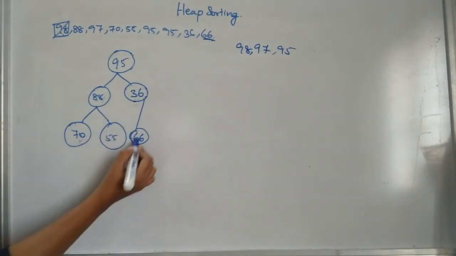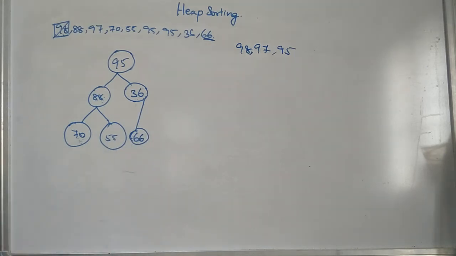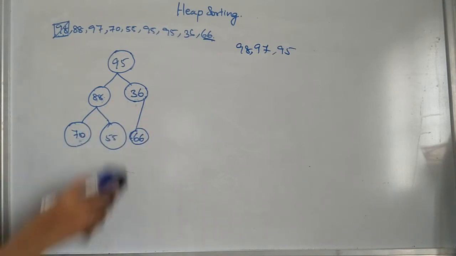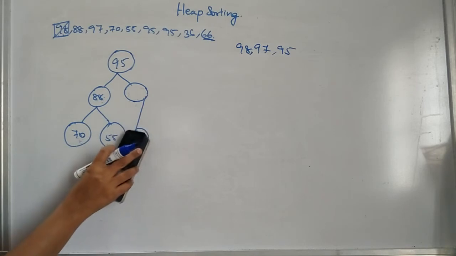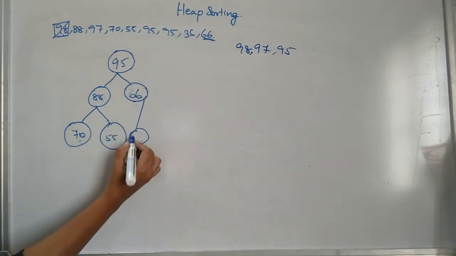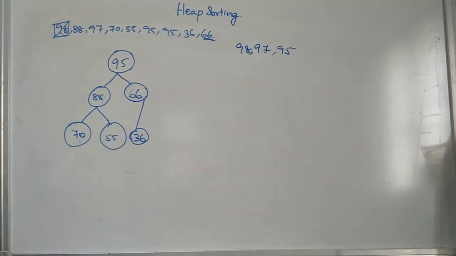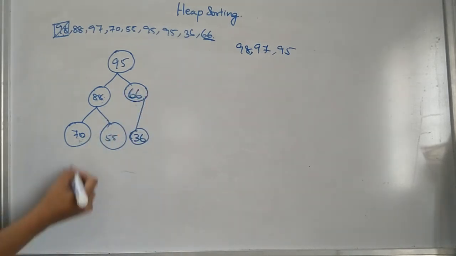Checking the condition, 36 is less than 66, and I must have the maximum value here, so again I do the swapping operation. 66 will come here and 36 will appear here. Now this tree structure obeys the rules of max heap.